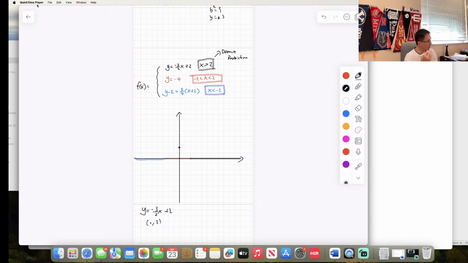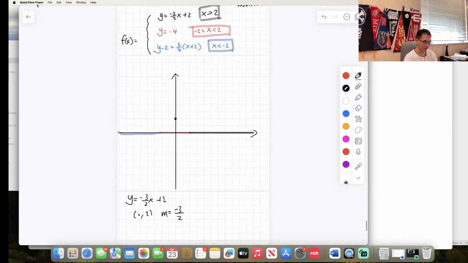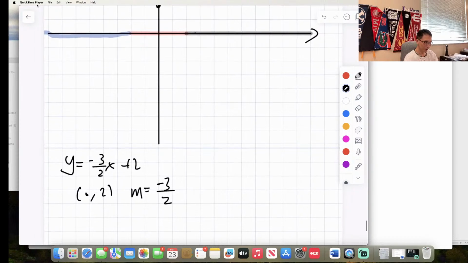But the slope is going to be what? Negative 3 over 2. Now remember, the negative sign could be on the top or could be on the bottom. It could be on the top or could be on the bottom. Depends. So it can be down 3, right 2. Or it could be 3 over negative 2.